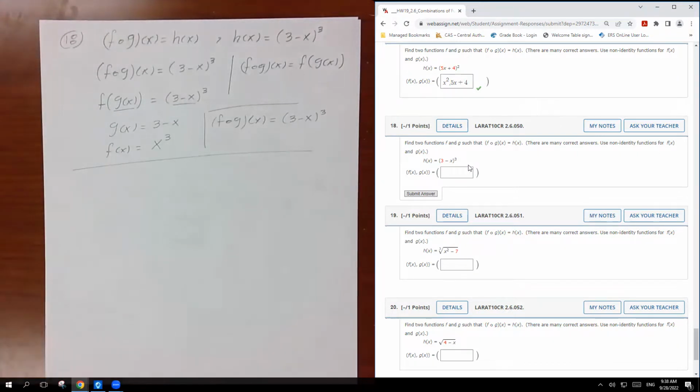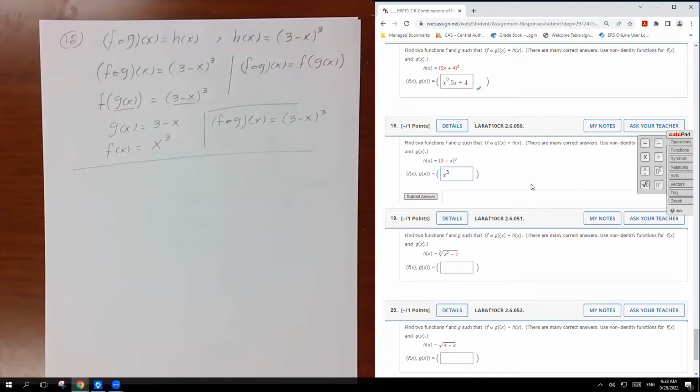So I'm just going to type here f of x first, which is x cubed, comma, g of x is going to be 3 minus x. Let's solve one more, and that's it.